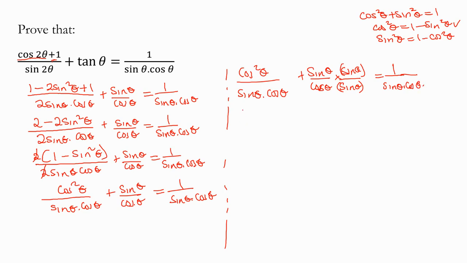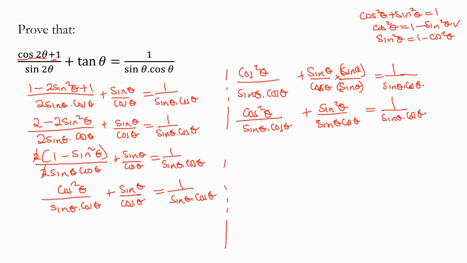Then what do you get from that? Cos squared theta over sin theta cos theta plus sin squared theta over sin theta cos theta is equal to 1 over sin theta cos theta.